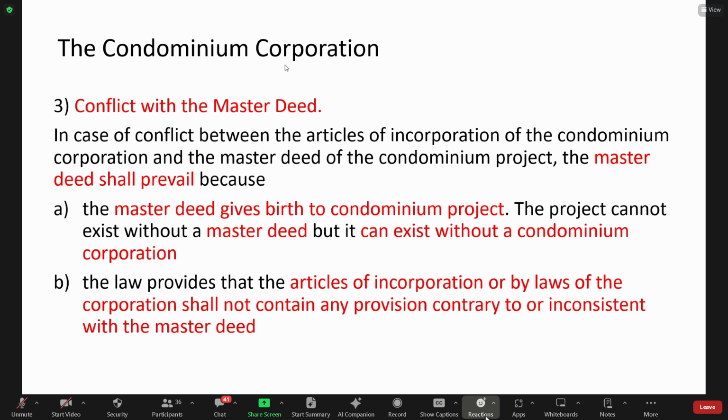Along the way there are many other documents, like the articles of incorporation and the deed of restrictions. The question says it is in conflict with the master deed. This is asked in the boards. Those seemingly innocent things I say, they ask about those.